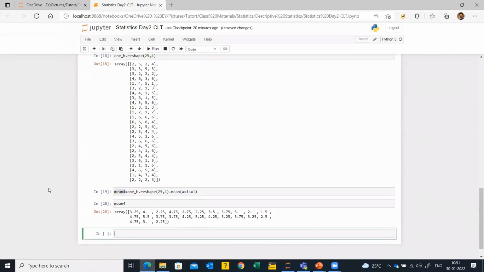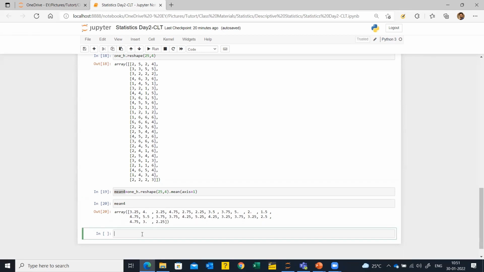You got my point? So the mean is 3.25 for the first one, for the second one it is 4. If you calculate the mean for the first one, 2 plus 5 is 7, 7 plus 2 is 9, 9 plus 4 is 13, and you divide it by 4, you will get somewhere around here. So it is calculating the mean for each of them.